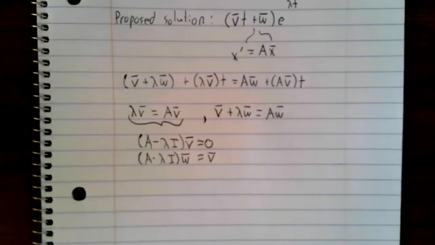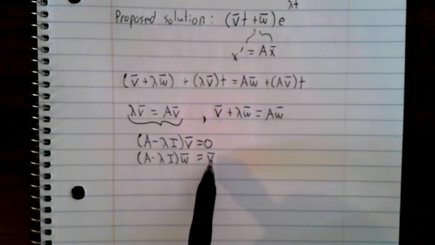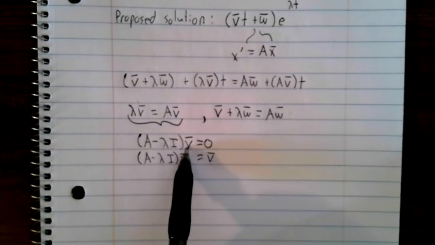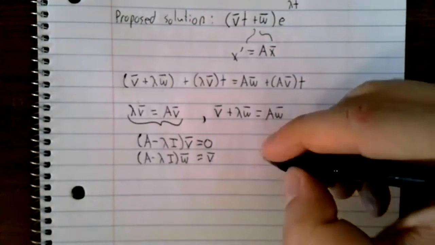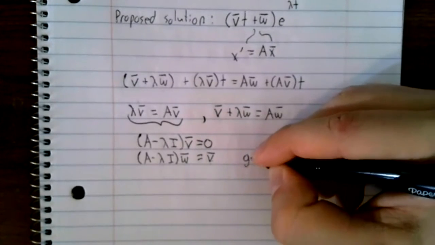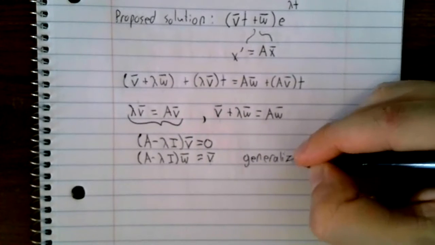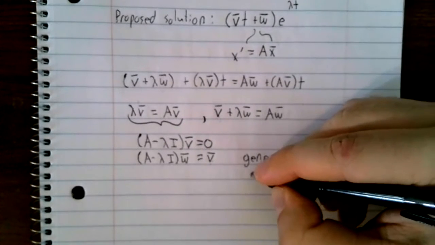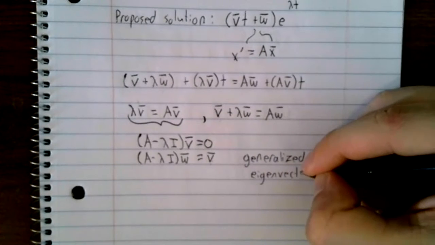This is an eigenvector-like condition, but instead of having 0 here, we have this eigenvector. We call w a generalized eigenvector.